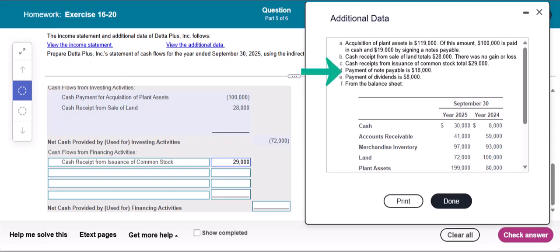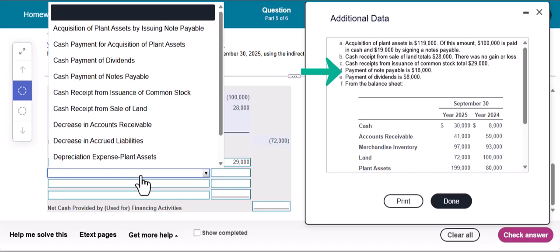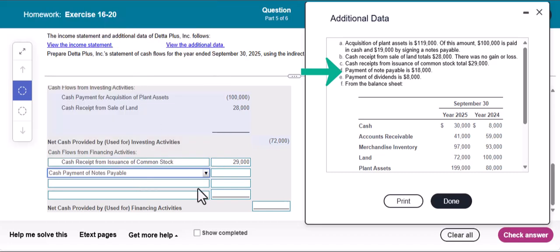And next here we paid off a note payable for $18,000, so our cash will be going down. So we have cash payment of notes payable for that $18,000, and that's going to be negative because again we are paying it, so cash is going down.